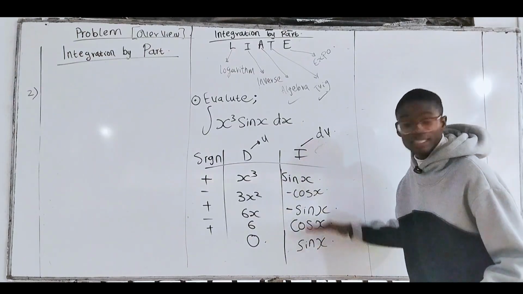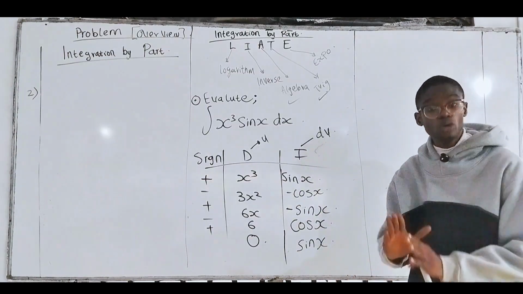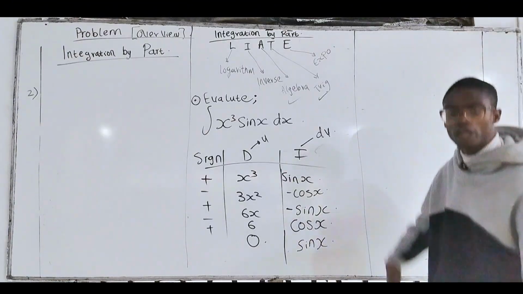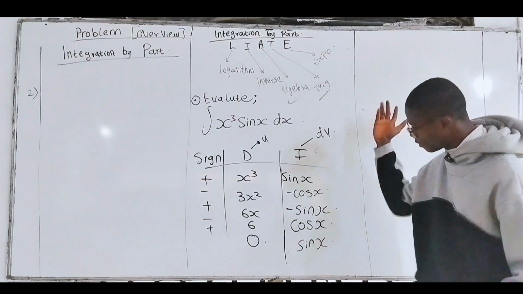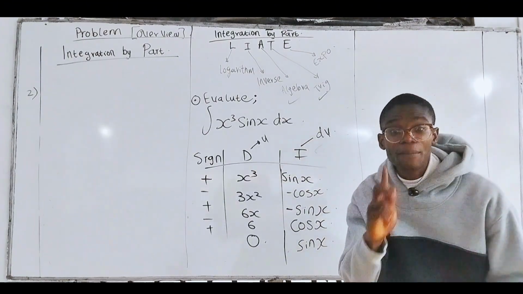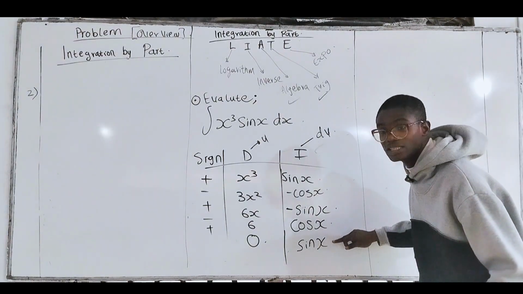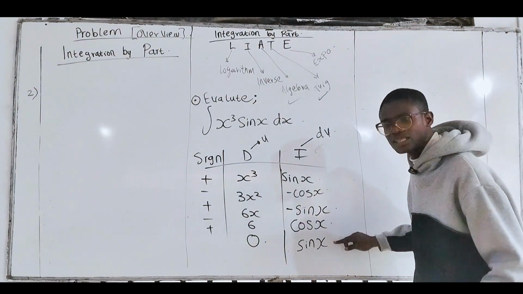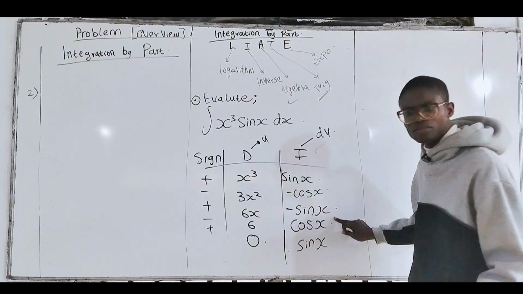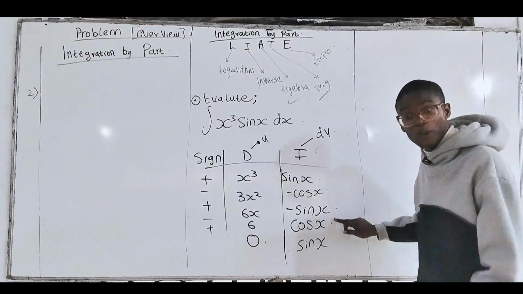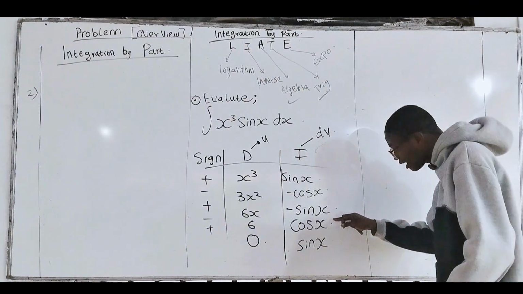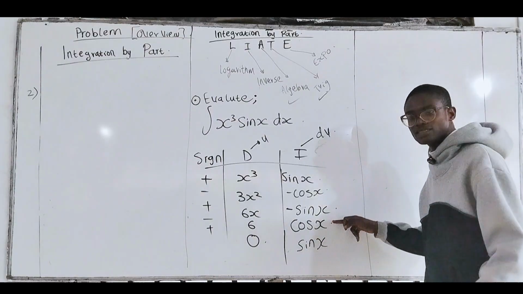Please, after doing this, if you are confused, which I know you normally will be, come here and follow it backwards. Let me test if what I wrote is correct. Here, if I differentiate this, I should get the upper one. Differentiate sine, what will you get? Is it not tallying? So it means that you are wrong, because the integral of this should be what I will differentiate to get this.